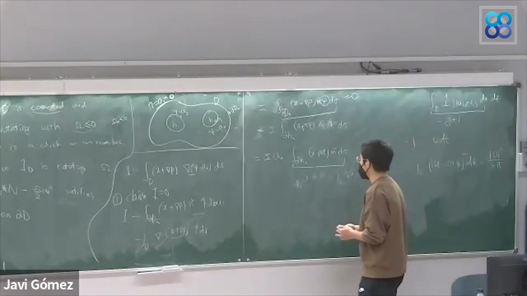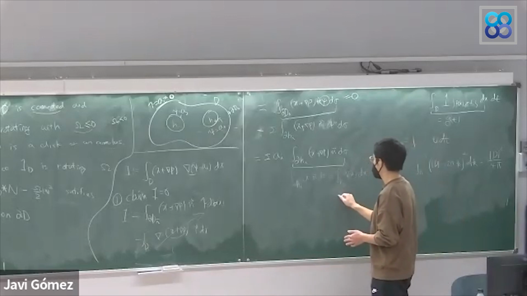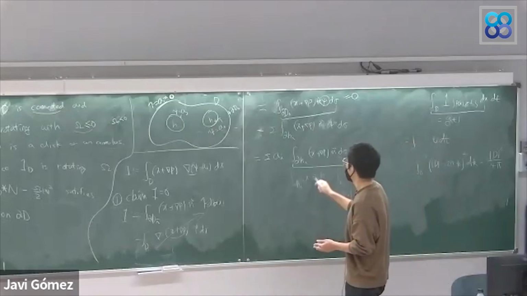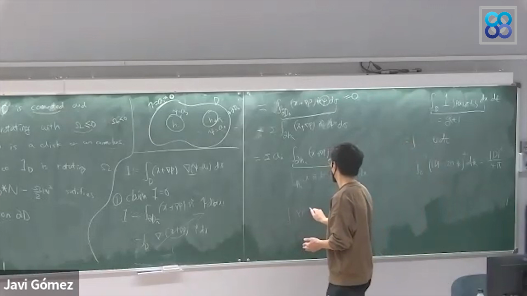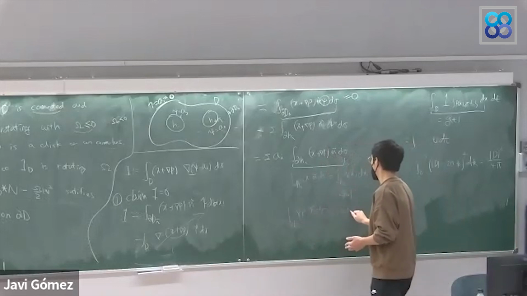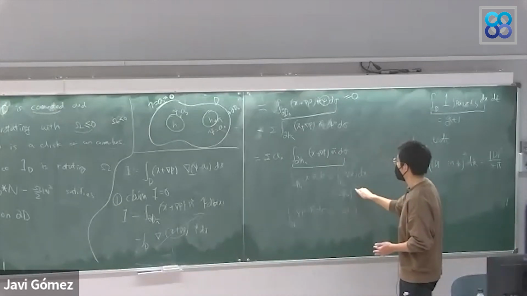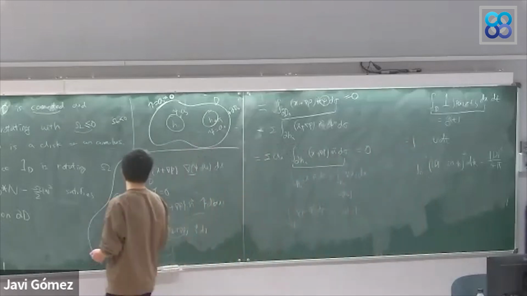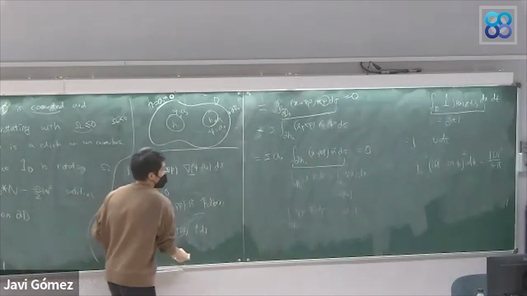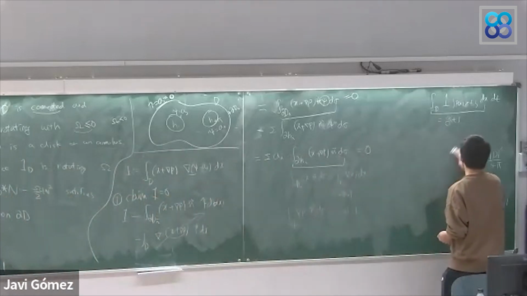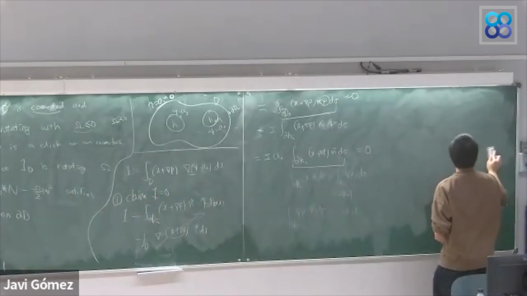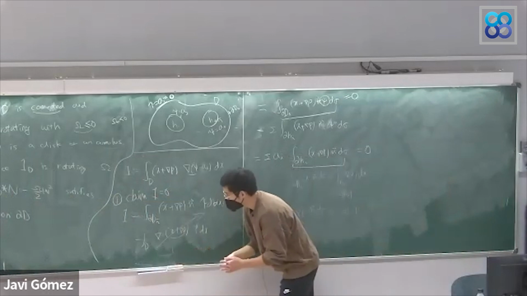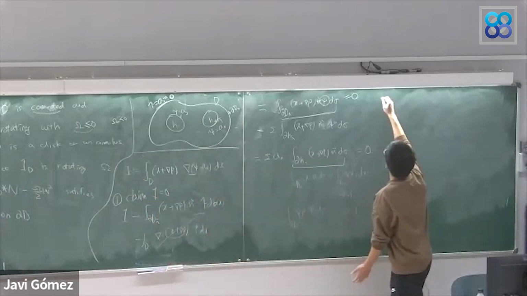Stokes theorem gives you 2 times the area of D i. And we know that this p was chosen so that the boundary integral is negative 2 times the area of D i. So when you add them up, this is 0. So we just proved the claim: I has to be 0. And of course, you're going to show that I can be 0 only if the patch is a disk or annular.